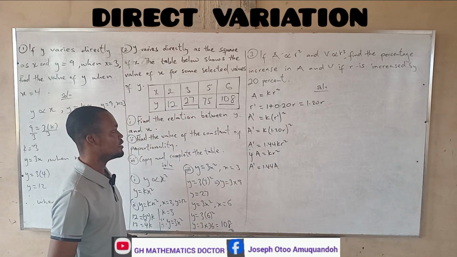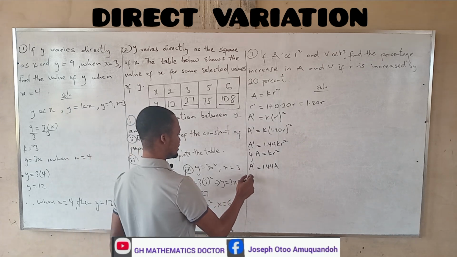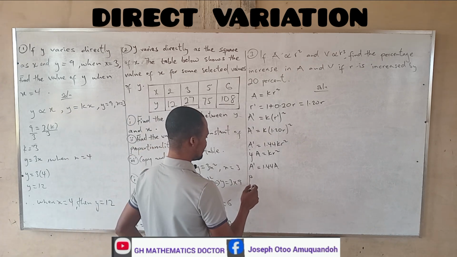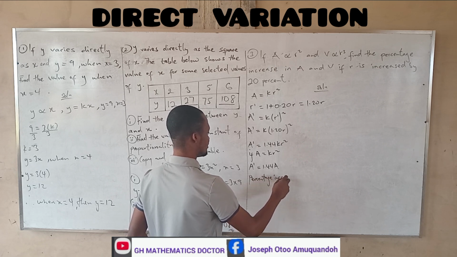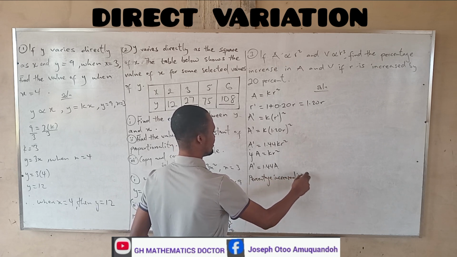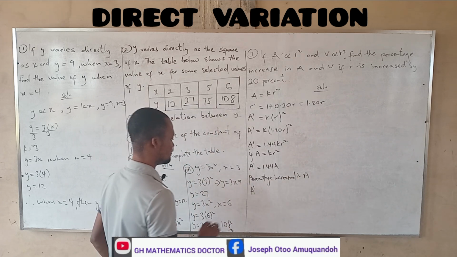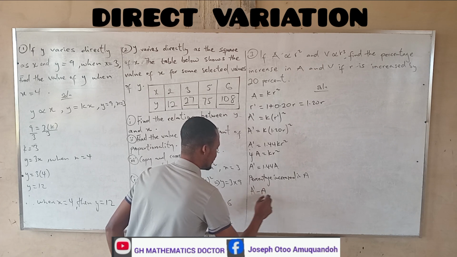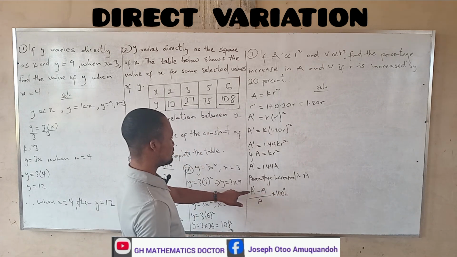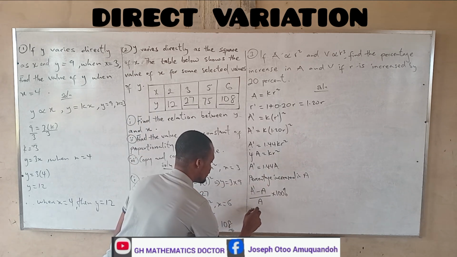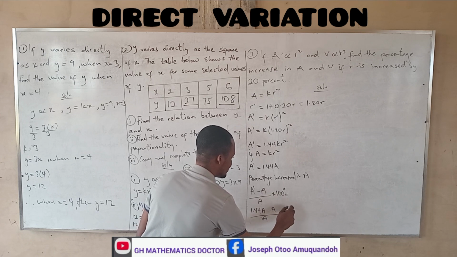So now we can find the percentage increase in A. So the percentage increase in A will be in the form, the change in A over A times 100%. So we're going to substitute this, which is 1.44A minus A over A times 100%.